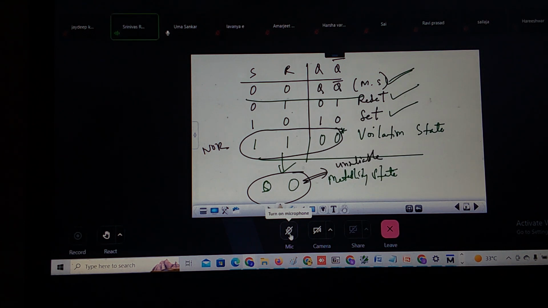You are not sure whether Q is equal to 0 or Q is equal to 1. This is nothing but metastability, or unreliable state, or unpredictable behavior. This is the case of NOR latch.